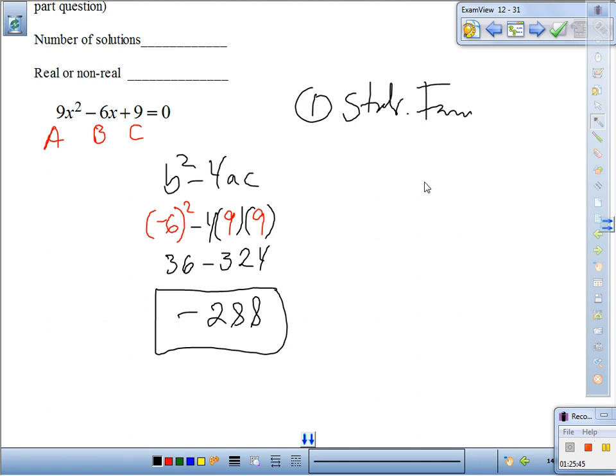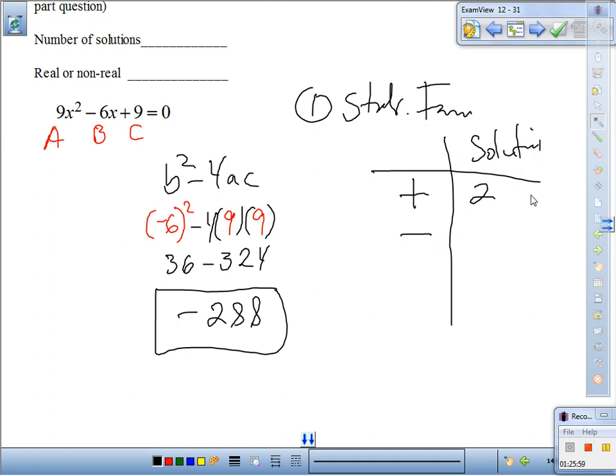What does that mean, Mr. Q? Well, let me show you the little table. If we end up with a positive number, we have 2 real solutions. If we end up with a negative number, 0 real solutions.